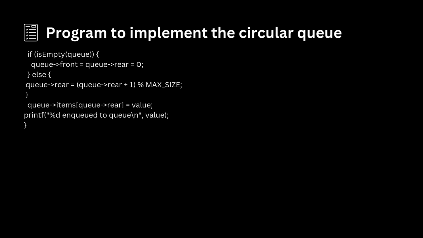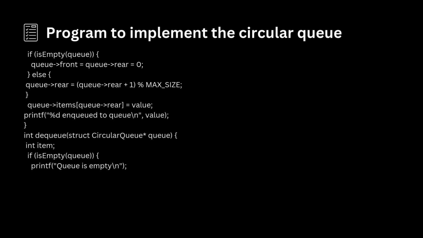Now write the function to remove the element from the queue. It first checks if the queue is empty by using the function isEmpty. If the queue is empty, it prints a message and returns -1 indicating that the queue is empty. If the queue is not empty, it checks if the front of the queue is equal to the rear of the queue. This condition indicates that there is only one element in the queue.